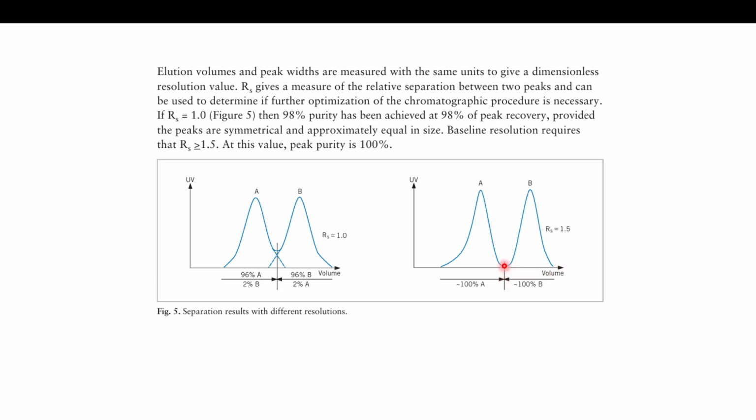Suppose this is 50 ml. Before 50 ml you will have pure A, with maximum concentration of only A, whereas after 50 ml the eluted fractions will be mostly pure B compound.